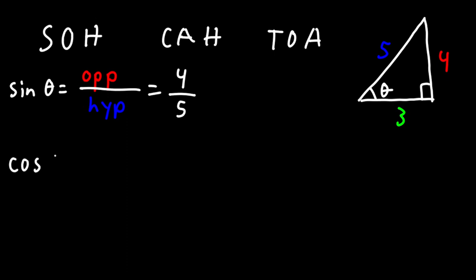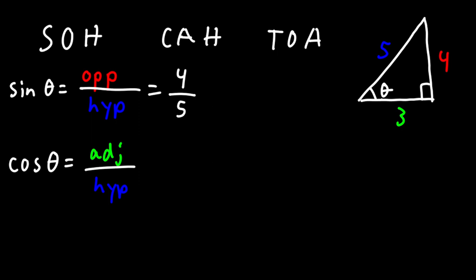Let's find cosine of theta. What exactly is cosine? Cosine is adjacent over hypotenuse. What exactly does adjacent mean? In simple terms, adjacent just means next to, but when it comes to trig, adjacent means the side closest to the angle that's not the hypotenuse.